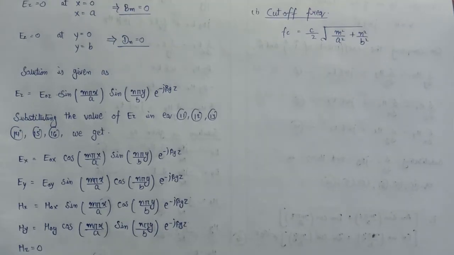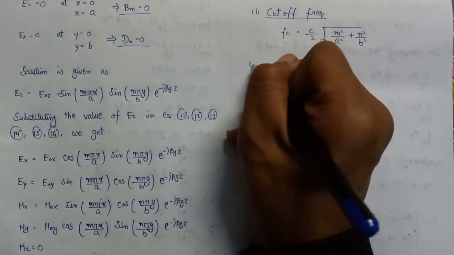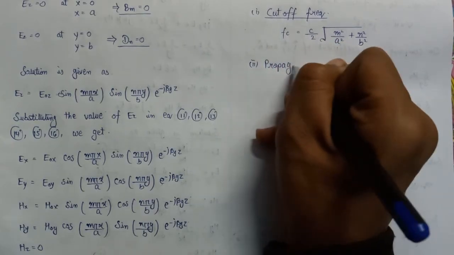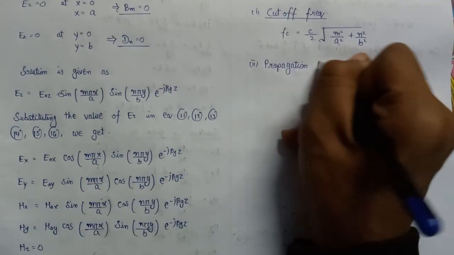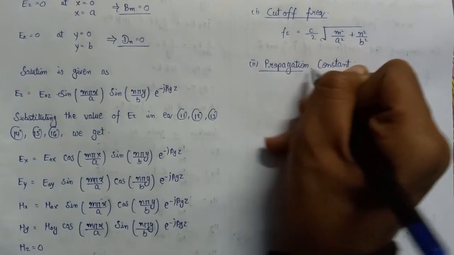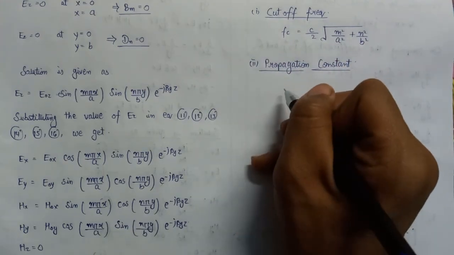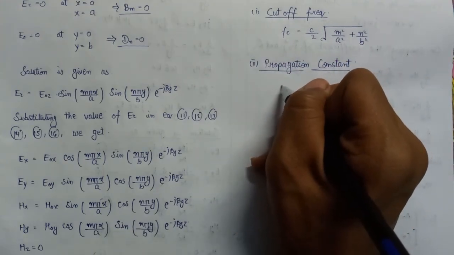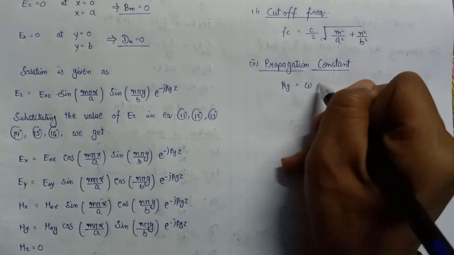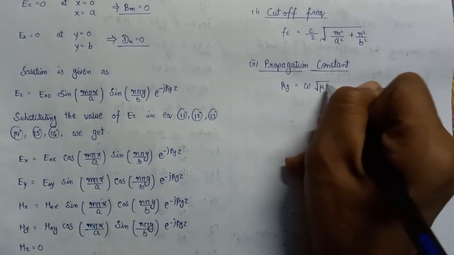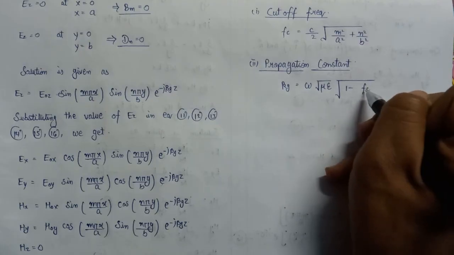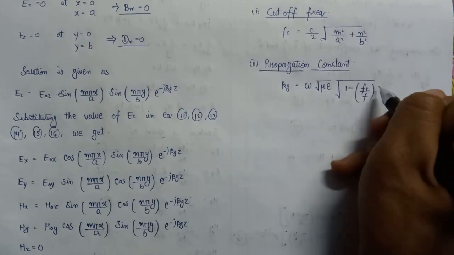Moving on to the next parameter, that is propagation constant. The propagation constant in TM mode can be represented as beta g, which is equal to omega under the root mu epsilon under the root 1 minus Fc over F whole square.